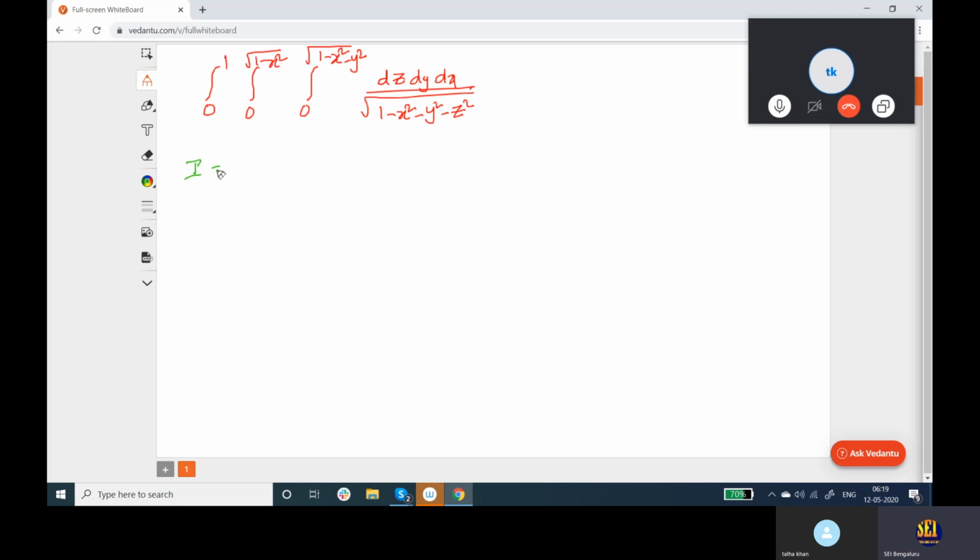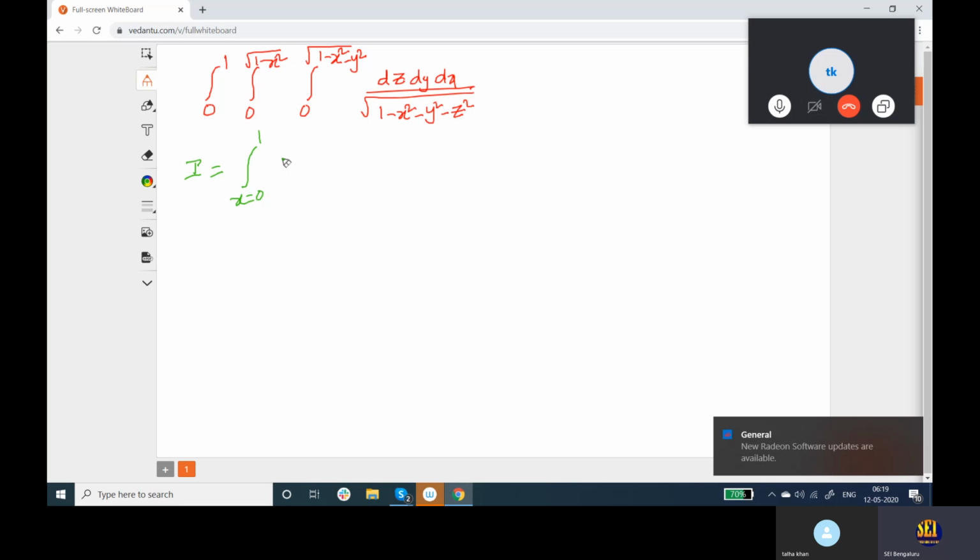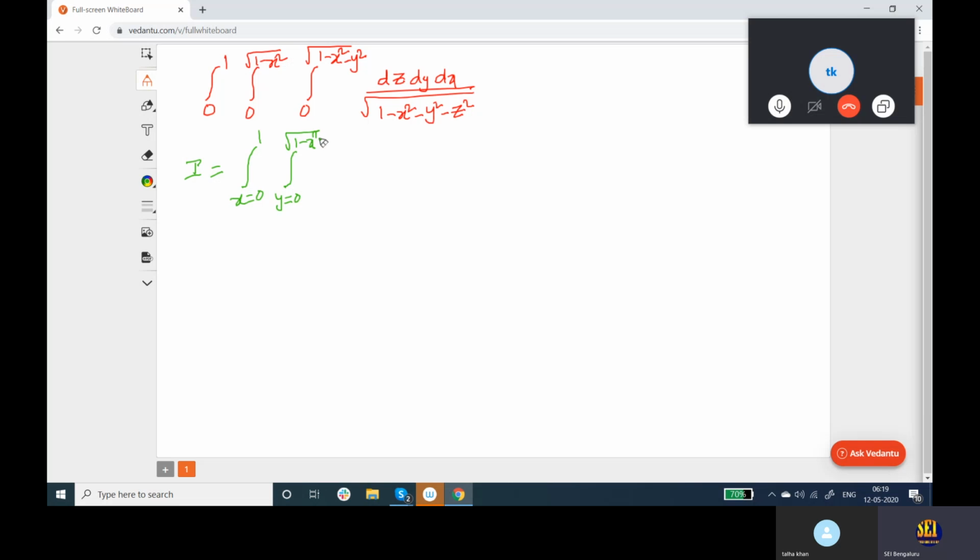Now I is equal to the total integration: integral x is equal to 0 to 1, integral y is equal to 0 to square root of 1 minus x square, integral z is equal to 0 to square root of 1 minus x square minus y square, dz, dy, dx by square root of 1 minus x square minus y square minus z square.